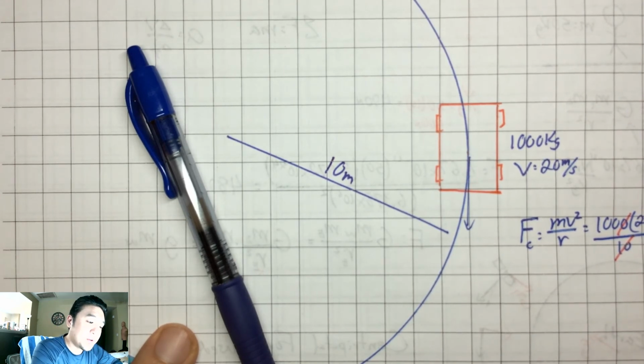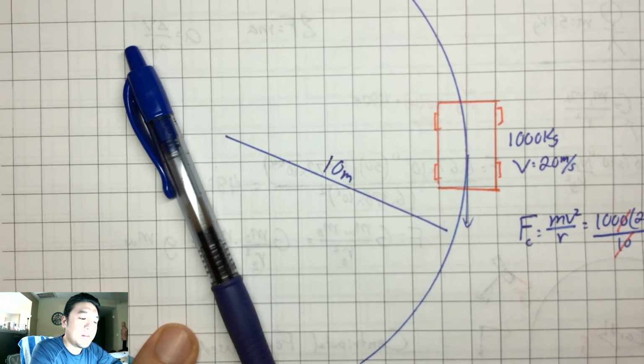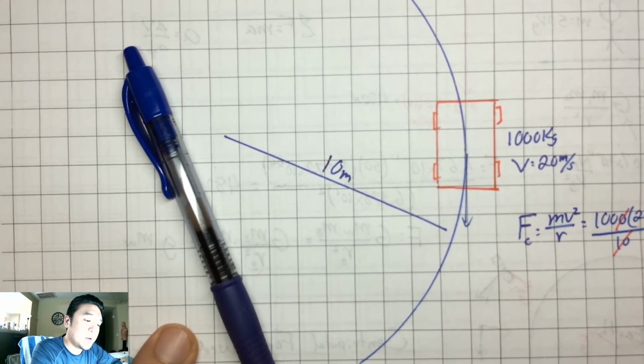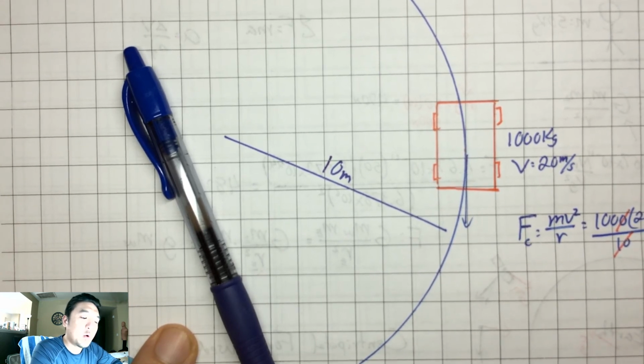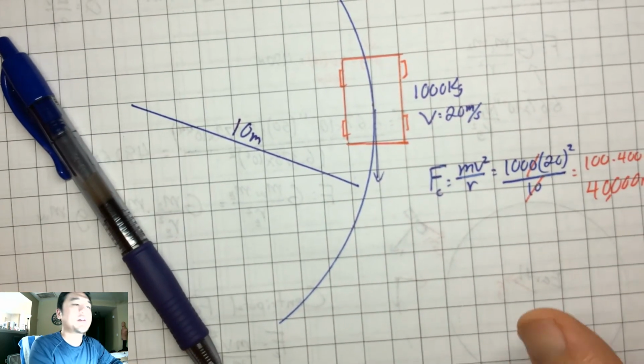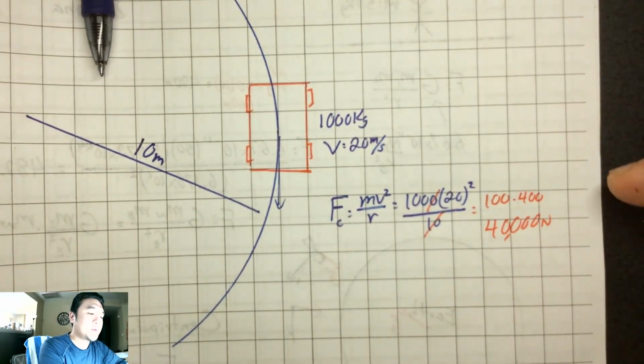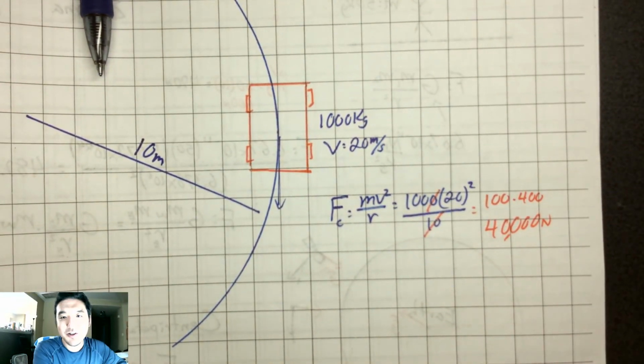It gives me 100. 20 squared is going to be about 400. So 400 times 100, there are 4 zeros there. That's going to be 40,000 newtons required to turn us. I was off the page. I'm sorry. So about 40,000 newtons is required to take this turn.